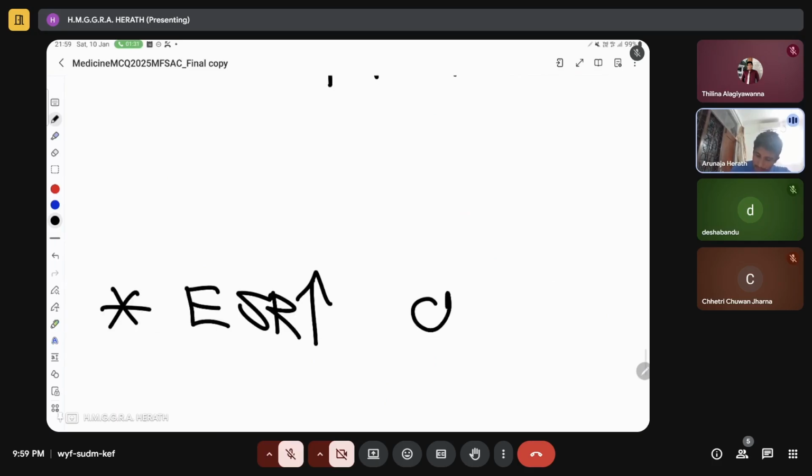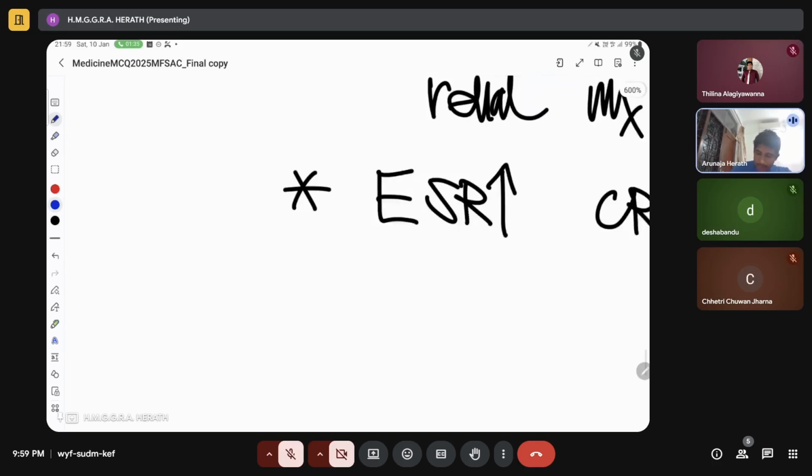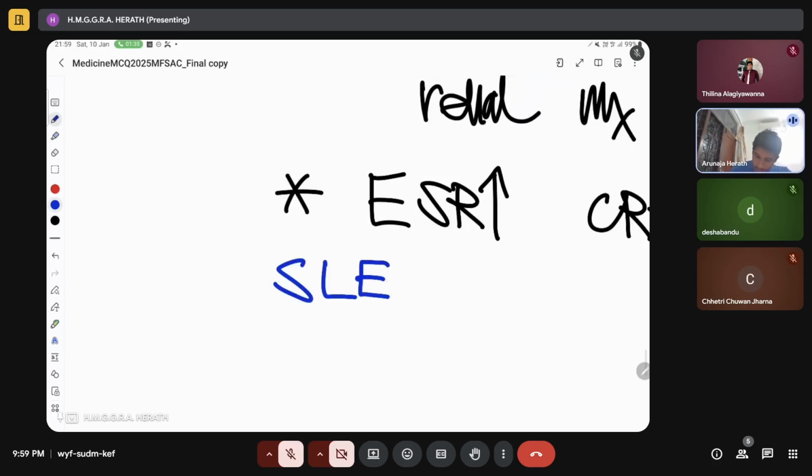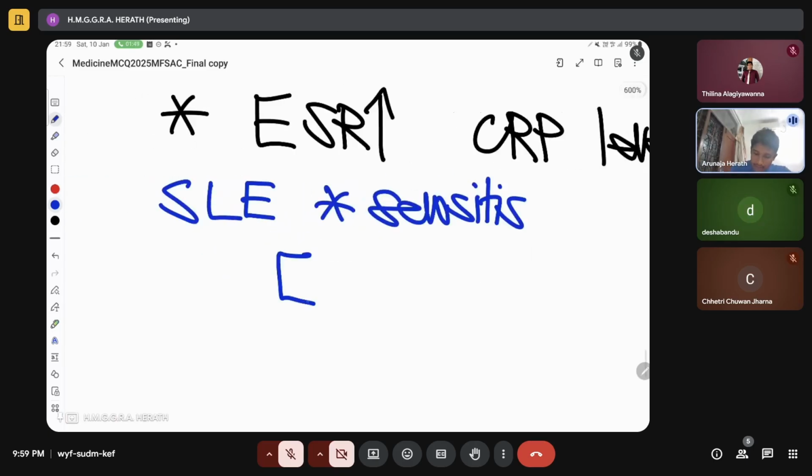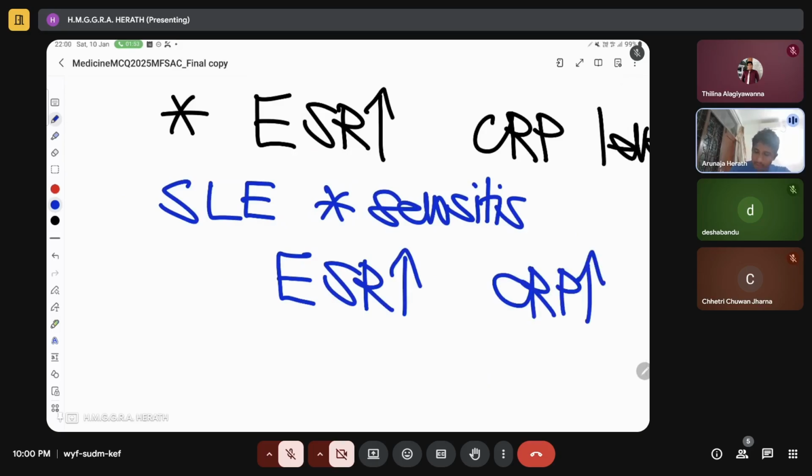The exception is SLE patients with serositis, where the pericardium or pleural cavity is involved, which can cause increased ESR and CRP both.